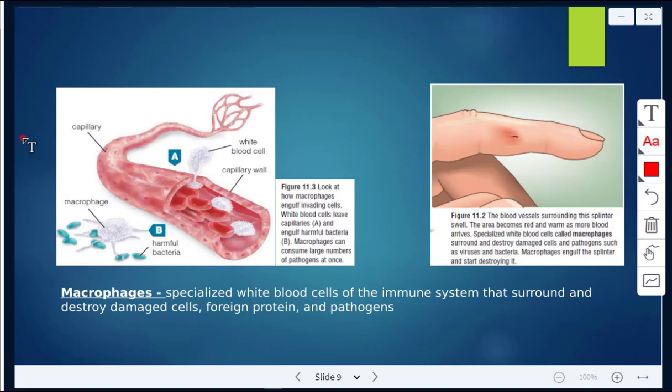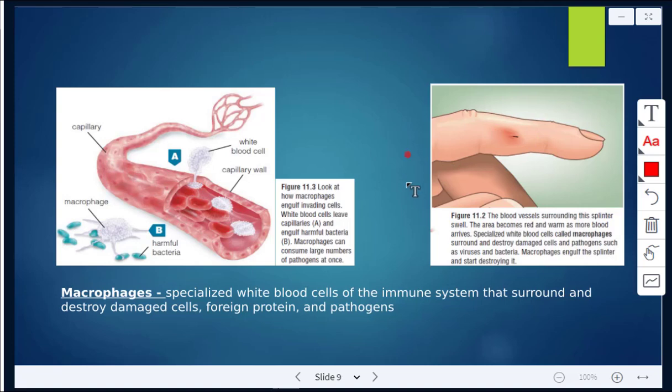So we can see here, this macrophage is engulfing these bacteria. So these bacteria in the green, and this macrophage will come and basically engulf those harmful bacteria. All right, so they leave the capillaries and they come out and then can engulf the bacteria. And they can consume a large number of pathogens all at once.